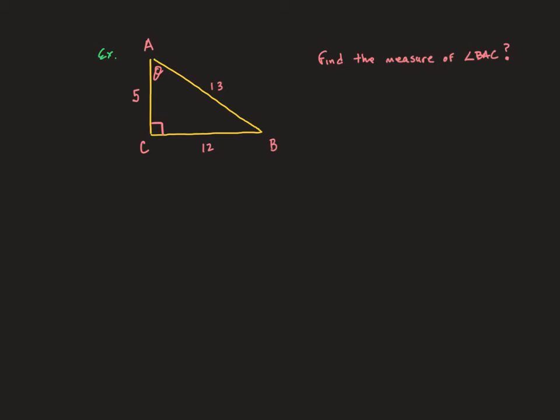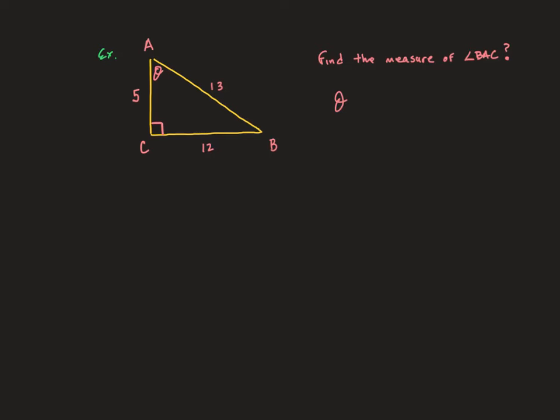So as we look at this, we want to find the measure of BAC. So this unknown angle right here is theta, right? That's what we're looking for. We're looking for theta, and I could use several functions.